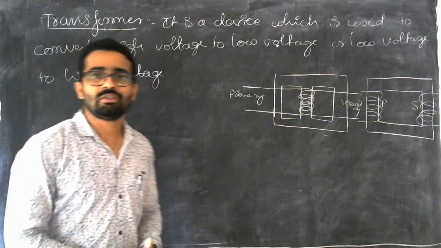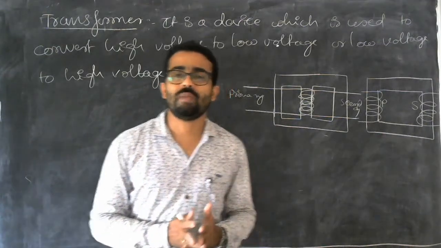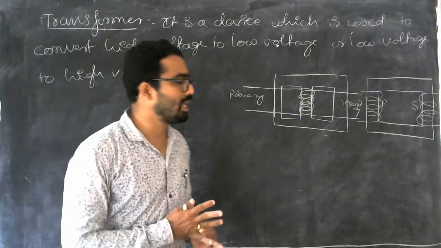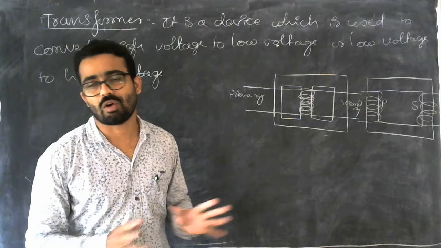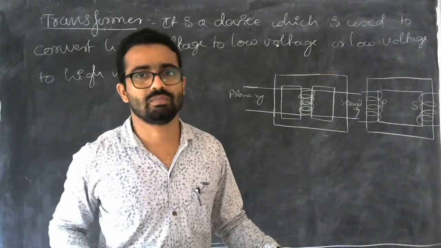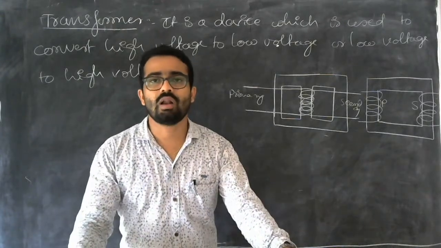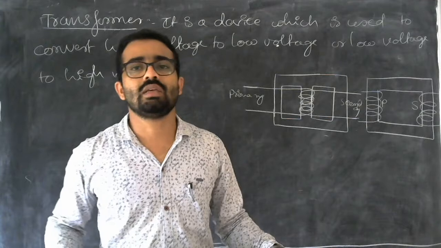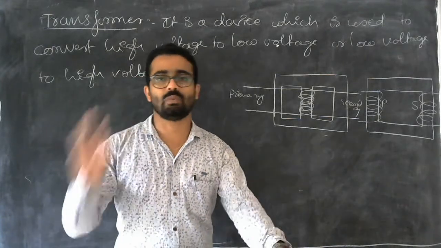So to explain this transformer, we have to make some assumption, or in other words, we have to take an ideal transformer. Then what is an ideal transformer? Why we should take? If you take an ideal transformer, or ideal transformer means where the resistance of the winding will be zero.